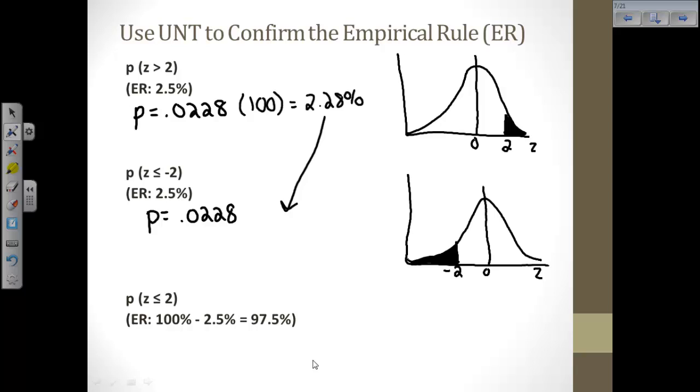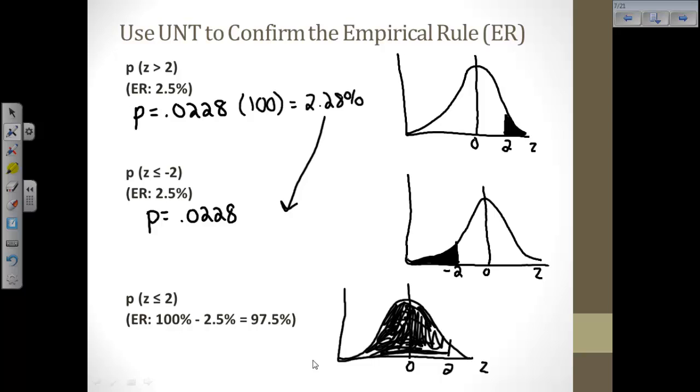So if we drew that out in a graph, there's our 0 representing the mean and our z, less than or equal to 2. So here's 2, and less than or equal to 2 is all this here. So that is a body.